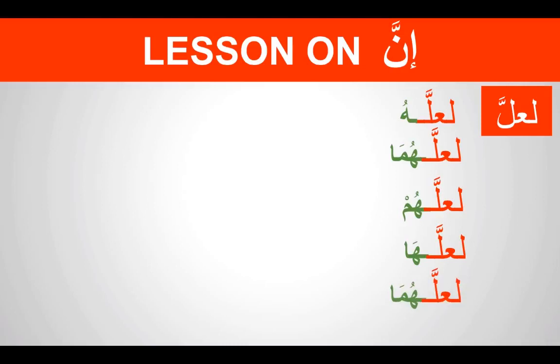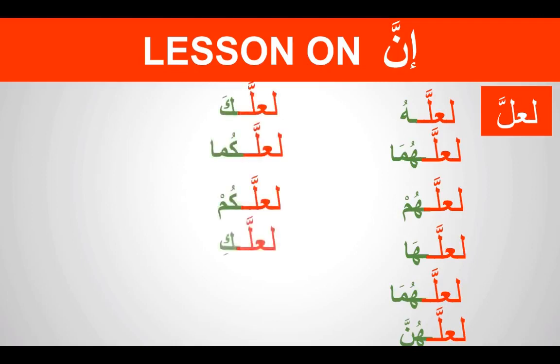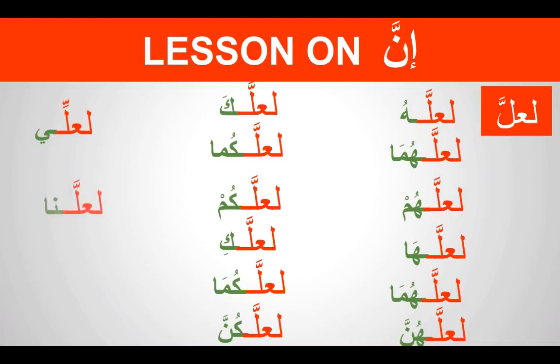In lesson number 1, we will be using the meaning of hope. La'alla means hope. So normally if we say kaifa haluk, la'allaka bi khair, I hope you are well. So la'allahunna, la'allaka, la'allakuma, la'allakum, la'allaki, la'allakuma, la'allakunna, la'alli, la'allana.